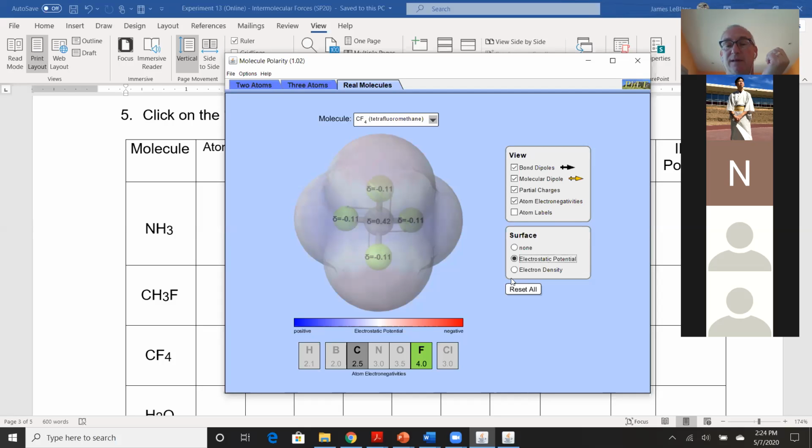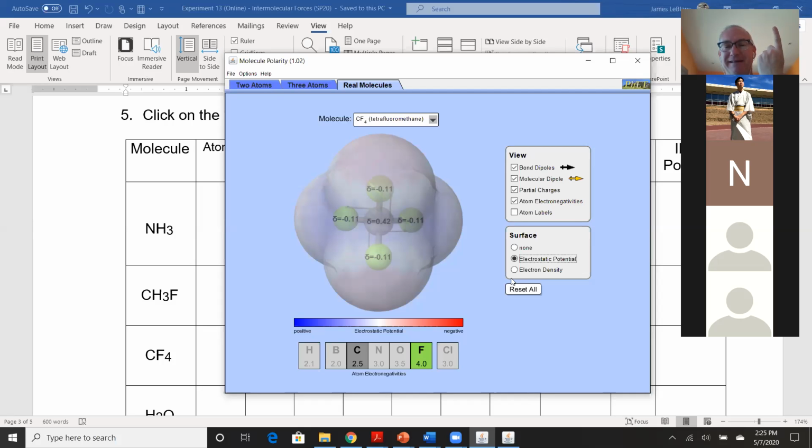London dispersion. It can do London dispersion. Can it do dipole-dipole? I don't know. No? I think no. It can't be.